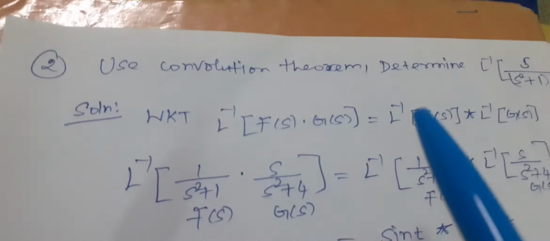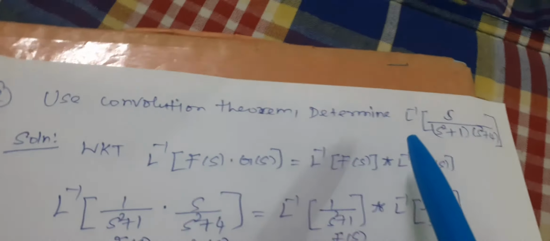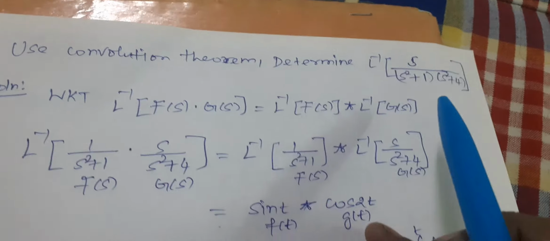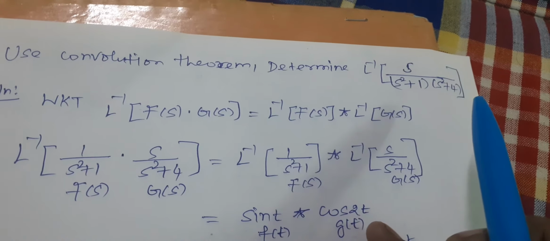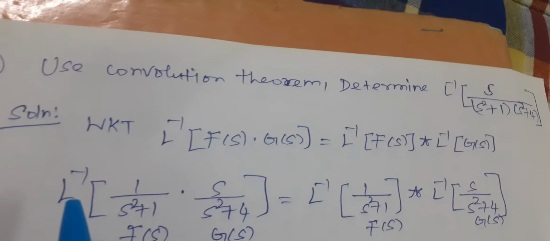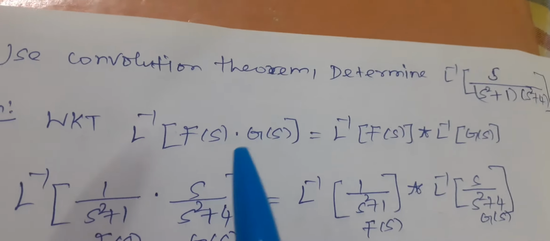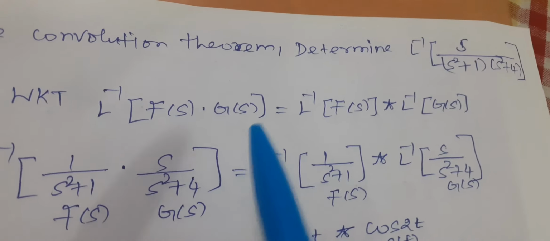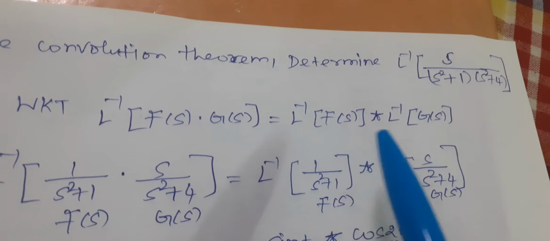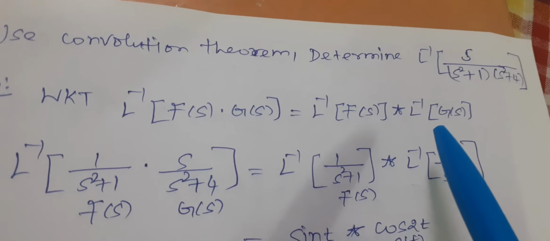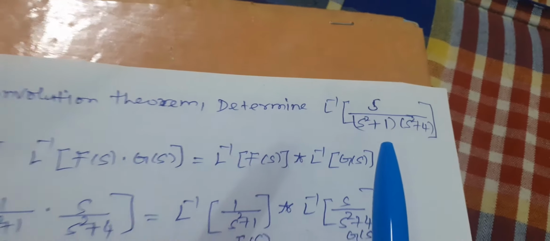Next we are going to see the second problem. Use convolution theorem, determine L inverse of s by s square plus 1 into s square plus 4. Here, convolution theorem we know that L inverse of f of s into g of s is nothing but L inverse of f of s star L inverse of g of s. Here I am going to split this function.